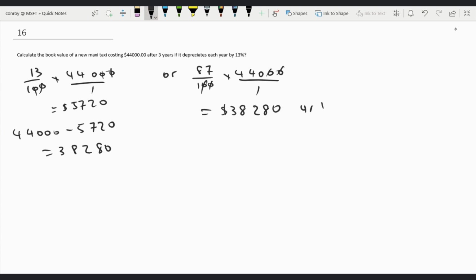For year two now, it would be the same 87, and the new value is 38,280. If we are not able to do any canceling, we can just multiply across, then we divide.